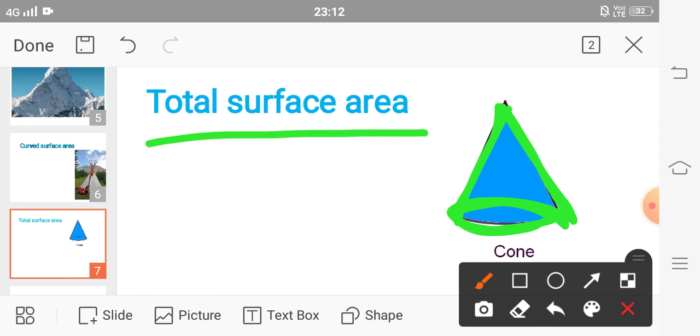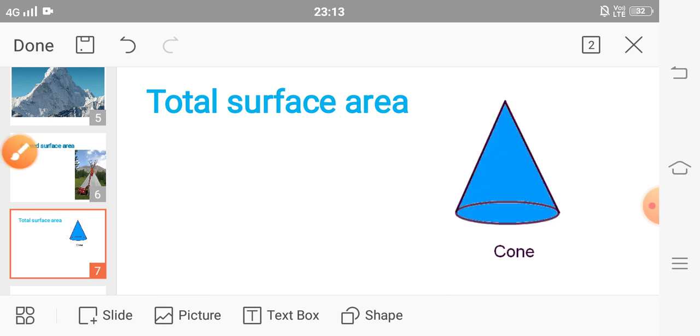If we want to paint this cone, how much paint we need, that is called total surface area of cone. I want to paint this cone with red color. This total area I want to color with red. So this total area is called total surface area.